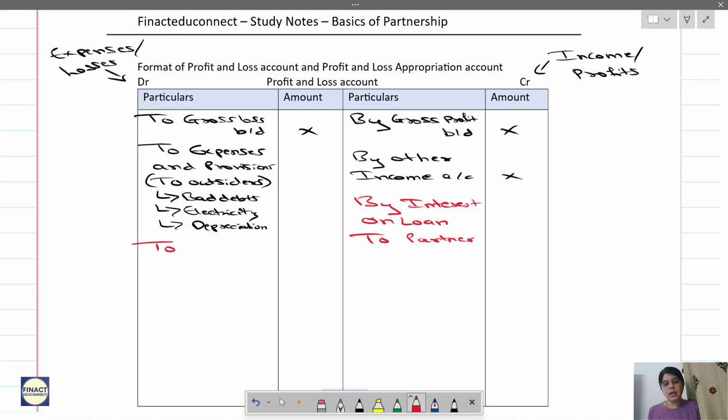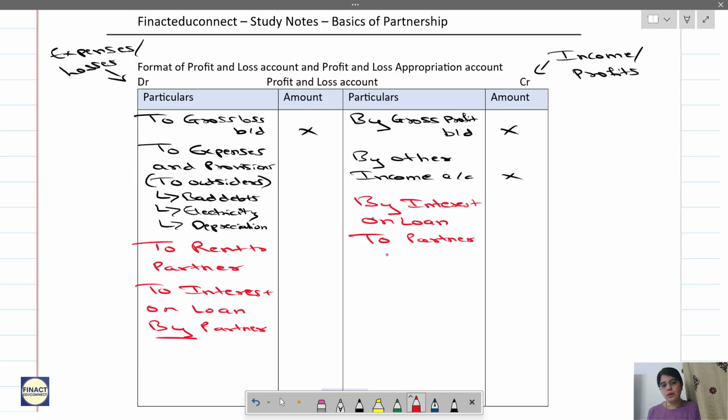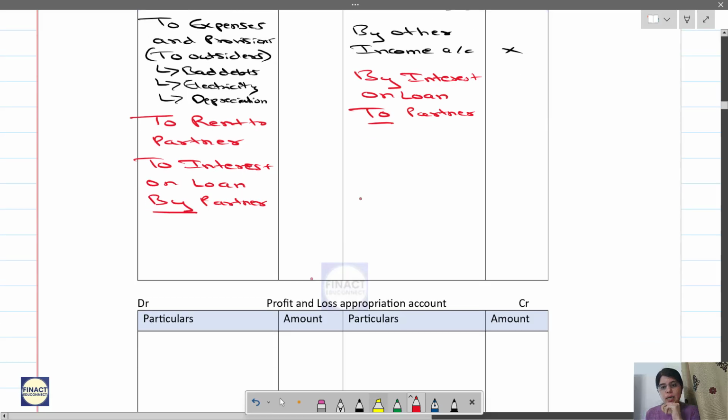Partner related, to rent to partner and to interest on loan by partner, correct? Why loan by partner? Because when the firm has taken a loan, we will be giving the interest to the partner, whereas here the partner has taken the loan, so interest will be given by partner to firm.